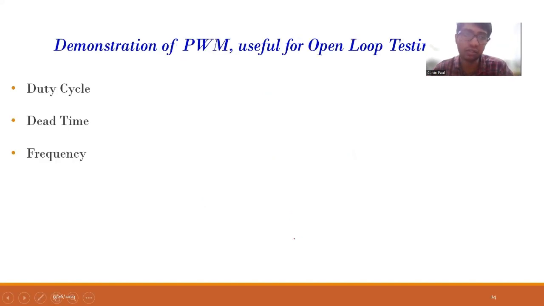Now I will show how to demonstrate this PWM and how we can use these PWM signals for open loop testing. One thing to keep in mind is that when you make a converter, say a buck converter, you must not start with closed loop immediately.